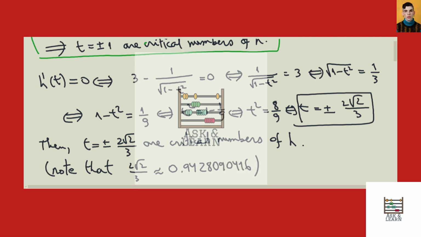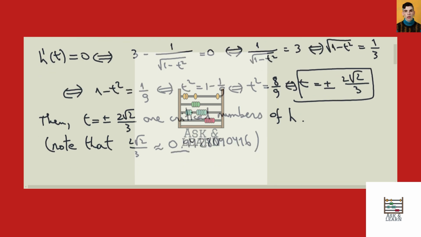So the positive and negative value with this magnitude is in the interval from -1 to 1. And so it's true that these are critical numbers because they are in the domain of the function and the derivative at those points is equal to 0. So this is the second part of the problem.